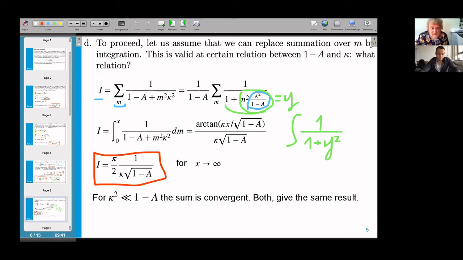If it's otherwise, they don't, and then the sum is dominated by the term with m equals 0. There's nothing to think about in mathematical terms, no fancy mathematics anymore. Just imagine in your mind what kind of function it is.